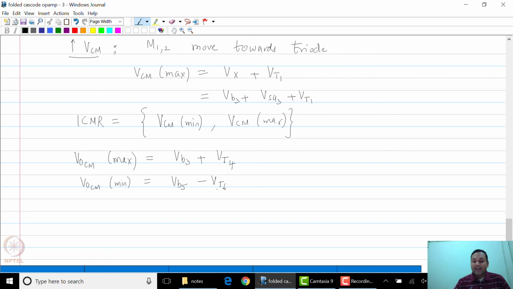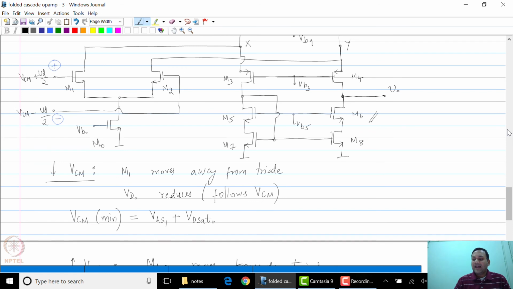Now please note that VB3 and VB5 themselves and all the bias voltages are under the designer's control. So for example, VB5 can be as low as VDSat8 plus VSG6.